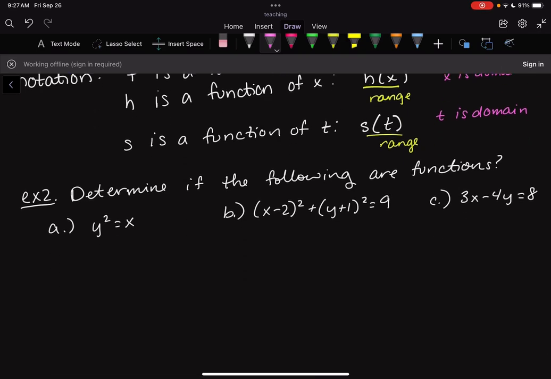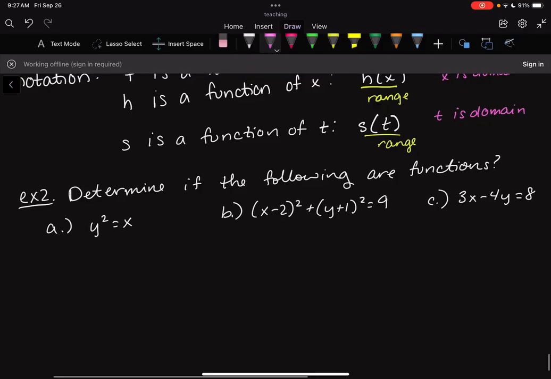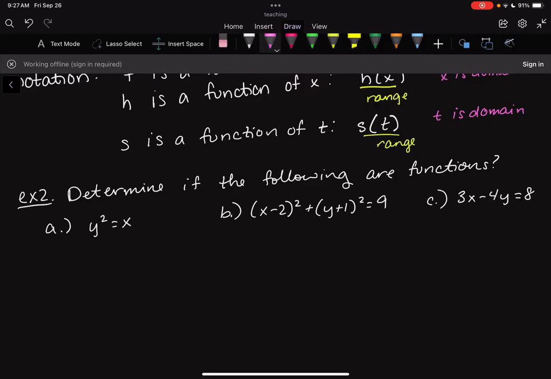But the idea to think about is, if I pick one x value, is it possible for me to get two different y values out of that? So if I think about part A, or if you know what the graph looks like, you can kind of think of the vertical line test.